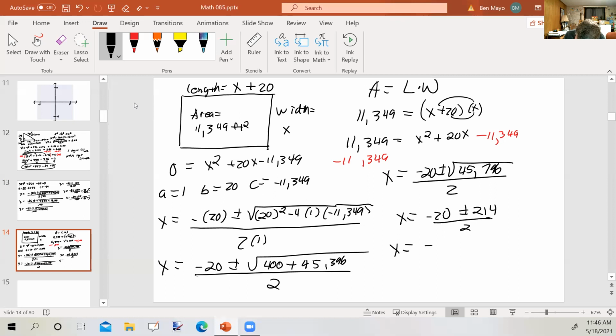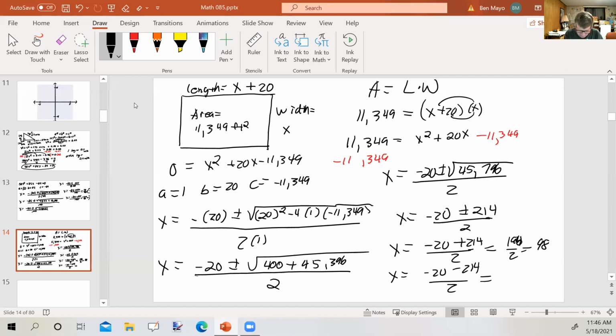So now x is negative 20 plus 214 over 2. X is negative 20 minus 214 over 2. So this is going to be what? 196 over 2, which is 98. I think that's right. Let's make sure. Negative 20 plus 214, 194.